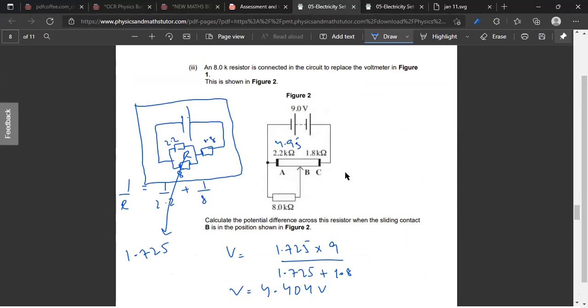Now what you have to do is calculate the total effective resistance of this parallel portion, which you will do like this. The answer comes out to be 1.725. Using this resistance, we will know how much each branch gets. Since this is in parallel, we will be dividing the voltage according to the total effective resistance of this parallel portion of the circuit.